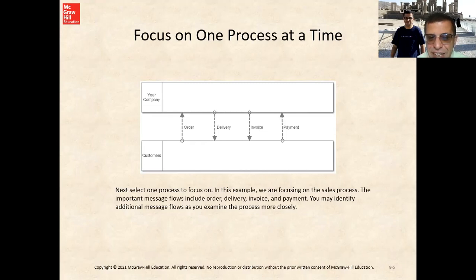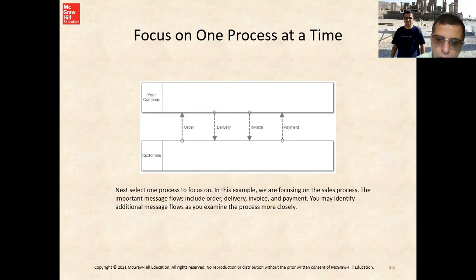So the next step is to select one process to focus on. In this example, we're focusing on the sales process. The important message flows include the order, delivery, invoice, and payment, as you see.